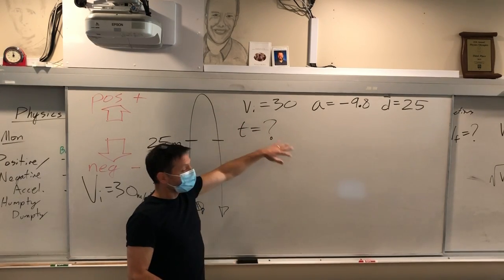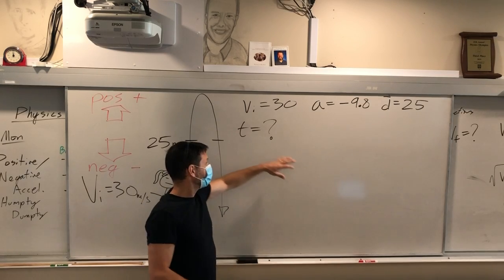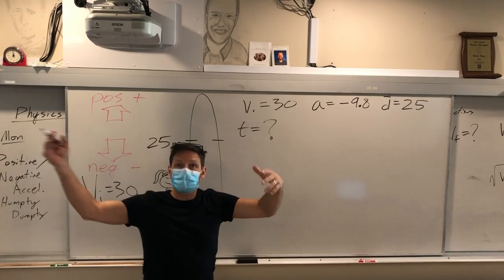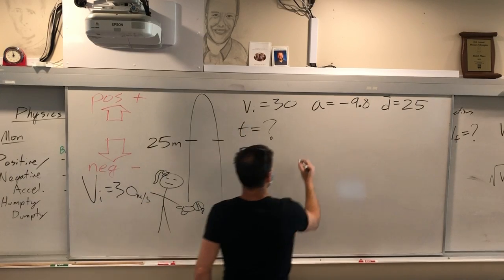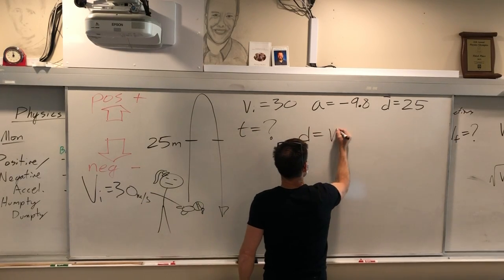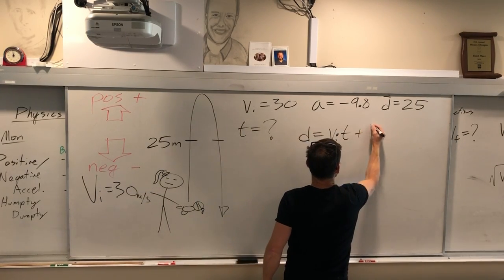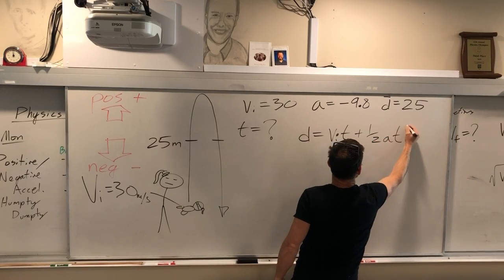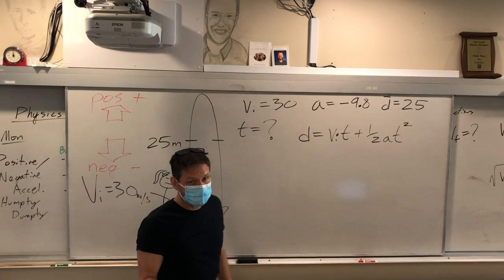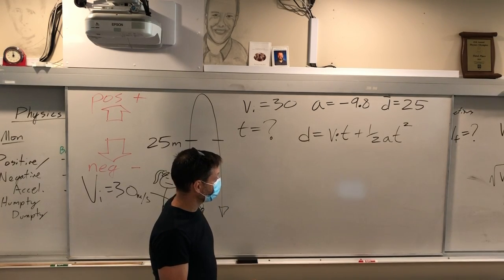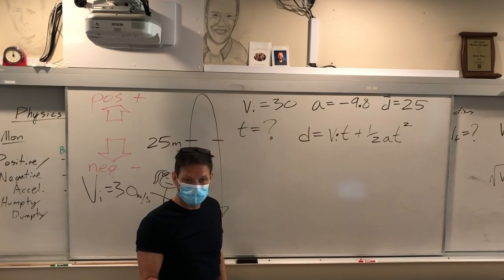So you can look at all these four, or you can say, well, there's no VF. So which formula has no VF? This displacement one, right? So we can say D equals VI T plus half A T squared. And we're going to have to solve for T. That's going to be tricky business, right?